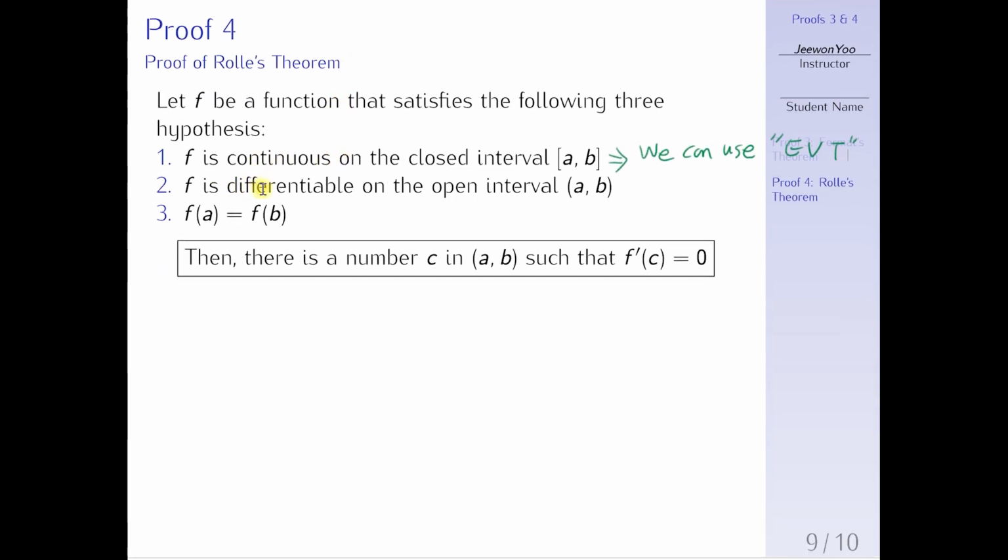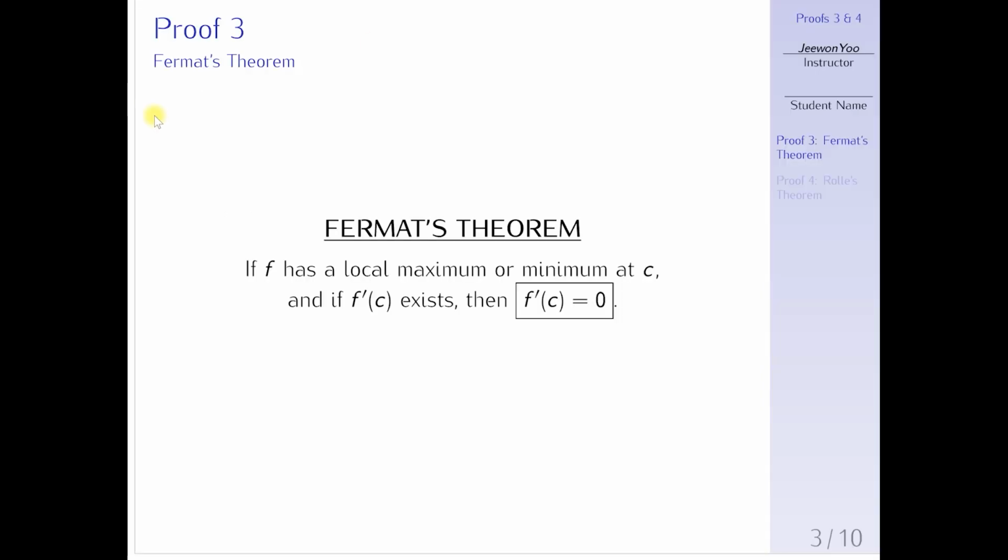Number 2, f is differentiable on the open interval a to b. This means we can use Fermat's theorem. The reason is, if you go back here, if f has a local max or local min, and if this is differentiable at c, then we can use Fermat's theorem.